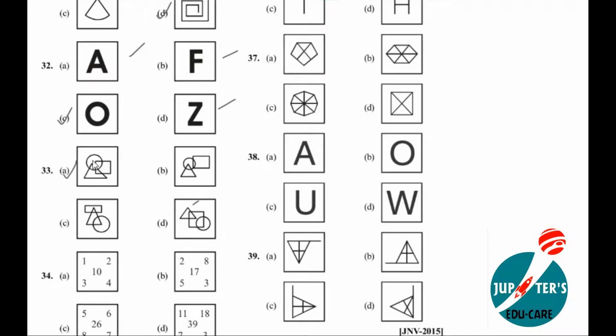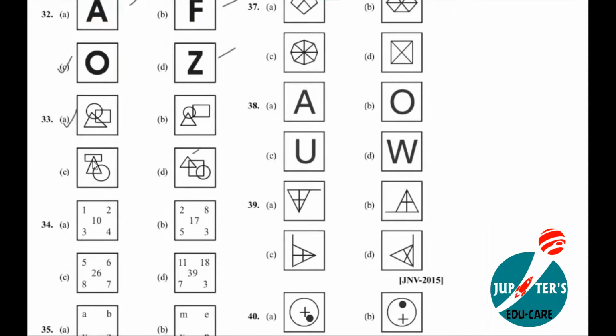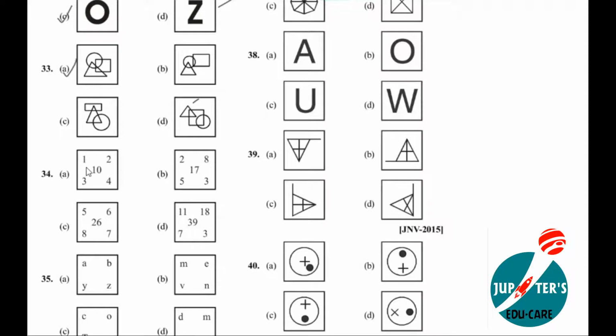Next, question number 34. See, in this option A, to get this answer, we should add these 4 corner digits, then we will get the answer. See, observe carefully. 1 plus 2, 3, 3 plus 4, 7, 7 plus 3, 10. So it is right. Next, 2 plus 8, 10, 10 plus 3, 13, 13 plus 5, 18.